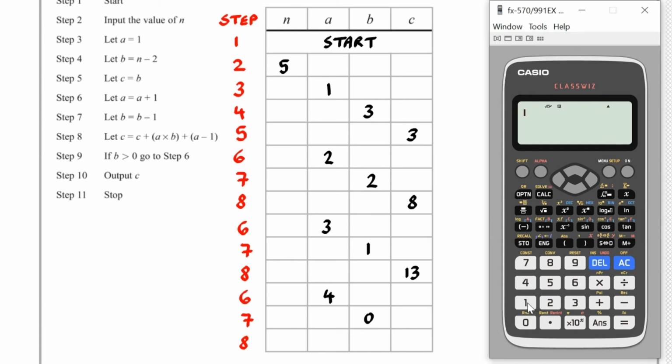So we take our value of c, which is 13. We add on to it a times by b, so we've got 4 times by 0. And then we add on to this a minus 1. So we have 4 minus 1. And it turns out we get 16.